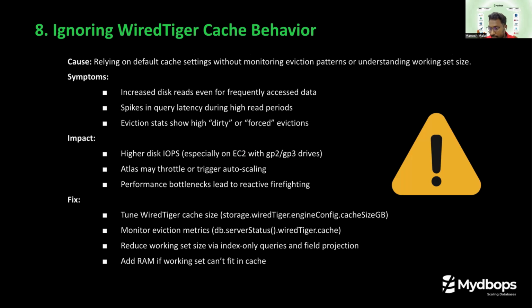So these 2 parameters you need to look into. If you're reading more from the disk, that means your cache is not big enough for your system. So that will affect your read operation. Read latency will be high.